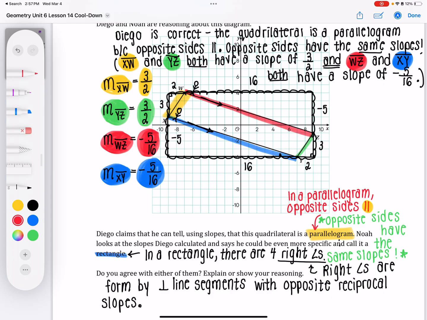So I'm going to continue my proof right over here. I'm going to make an arrow. And I'm going to say, however, Noah is incorrect by saying it's a rectangle.